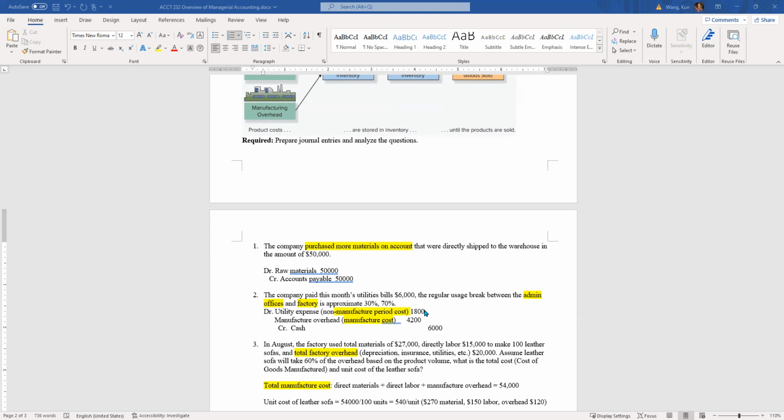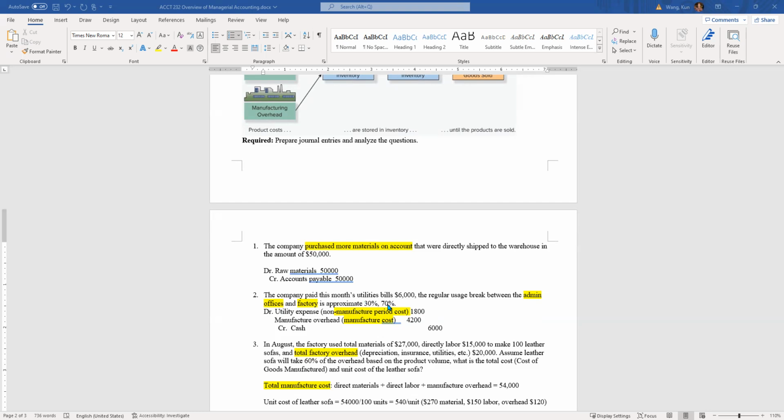Because later in chapter 1, we will learn we need to separate or differentiate the manufacturer-related cost and non-manufacturer-related cost. So the breakdown between the admin and the factory is approximately 30% and 70%.